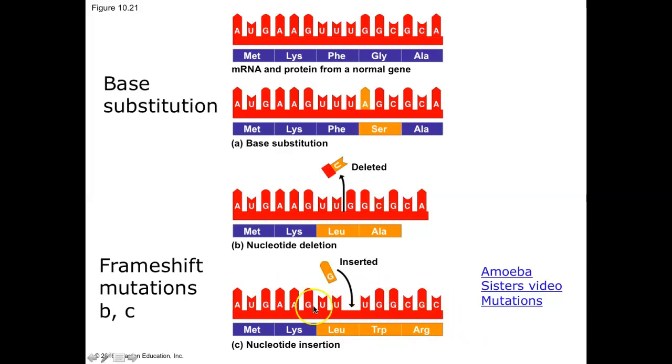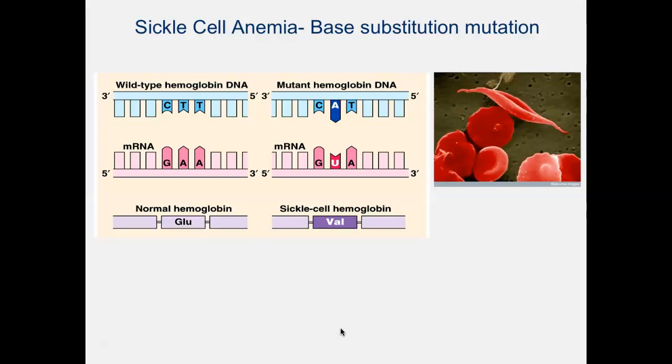Okay, so in terms of what's worse for an organism to have, it's probably frame shift, right? Because inserting or deleting, you're not only changing that one codon, you're changing all the codons from that point down. So this is our example of sickle cell. I was talking about this, but I didn't show you the picture. So this is our wild type. Here we have our mutated point.